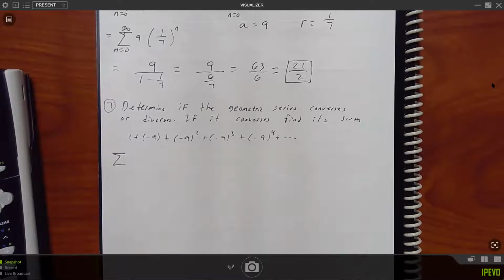For sure there's a 9 in it, right? But it's not alternating, right? They're all negative. Only weird one is the 1. But I'm sure we could fix that.